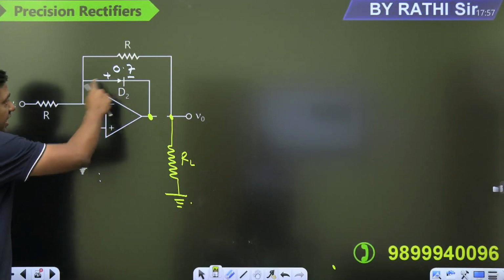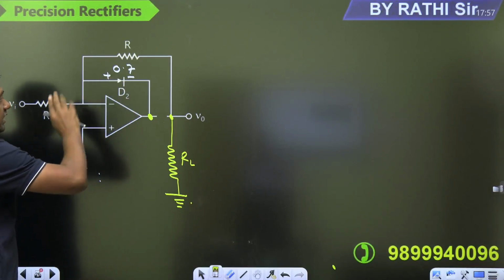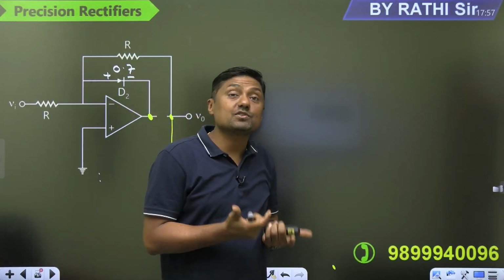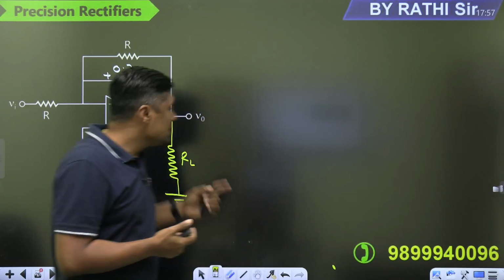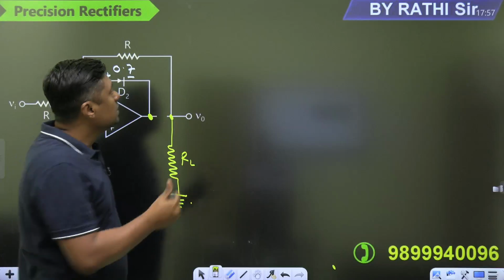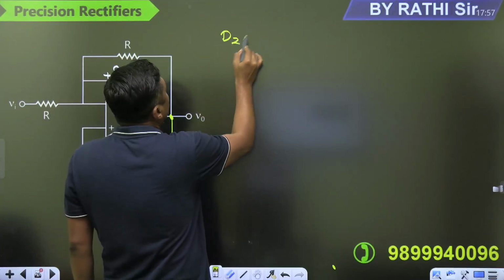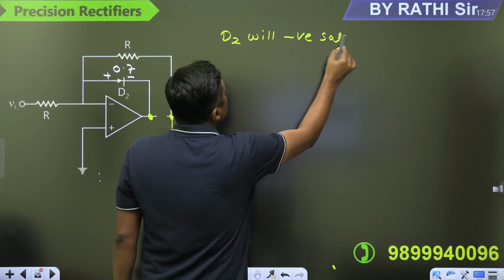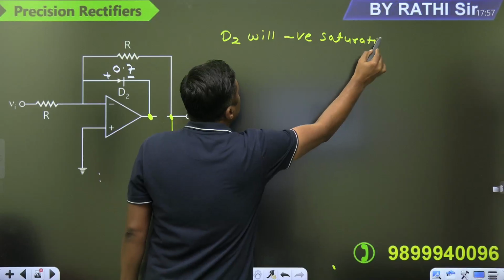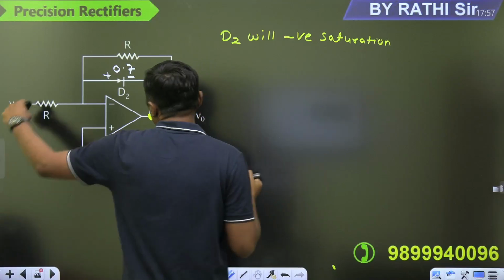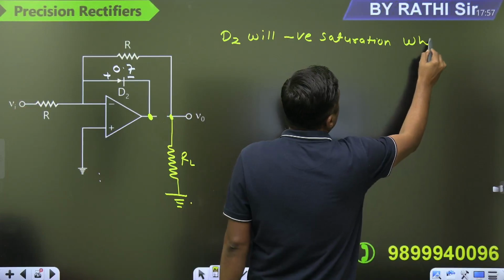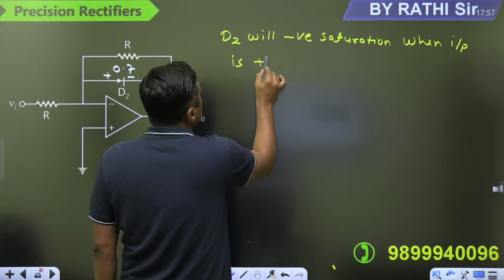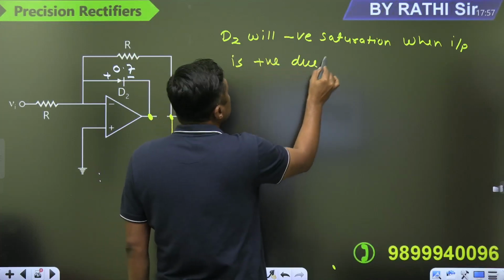Now, there is a negative feedback through diode D2. This negative feedback will avoid saturation. Which saturation? Negative saturation. So diode D2 will avoid negative saturation when the input is positive, due to negative feedback.